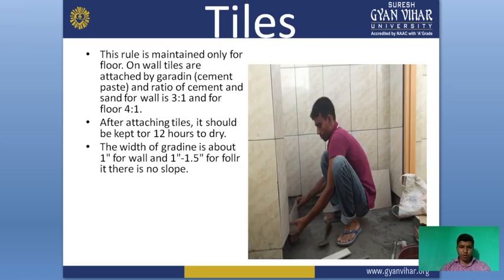This figure shows how to fix tile after plastering in our apartments, in our buildings, or in a civil engineering project. This rule is maintained only for floor. On walls, tiles are attached with cement paste, and the ratio of cement and sand for wall is 3:1, meaning 3 bags of sand and 1 bag of cement, and for floor it is 4:1.